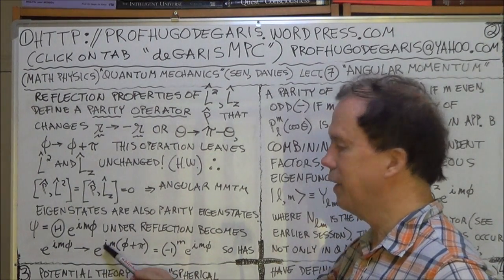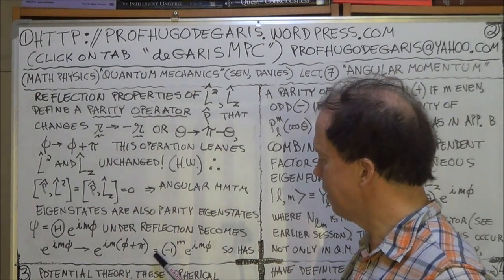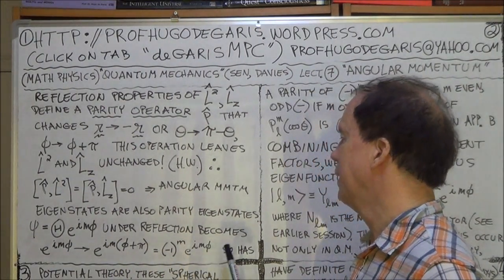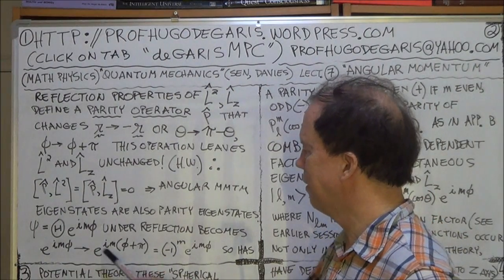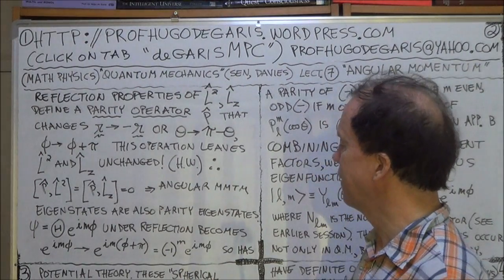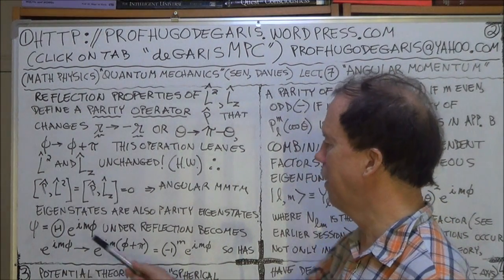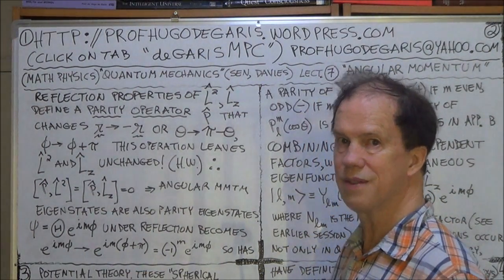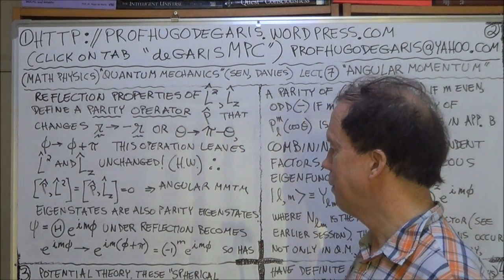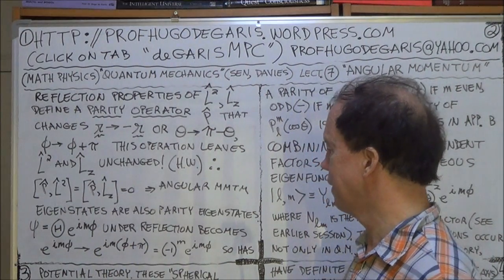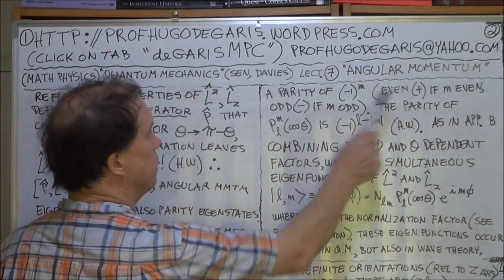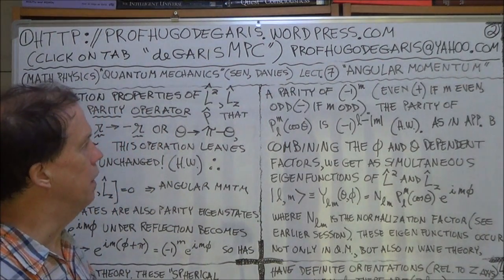Well, e to the i pi is minus 1, so to the power m you get minus 1 to the power m. So the parity of the phi term is minus 1 to the m. So if m is even, the parity of this term is plus or even, and if m is odd, then the parity of this term is minus 1 or odd.